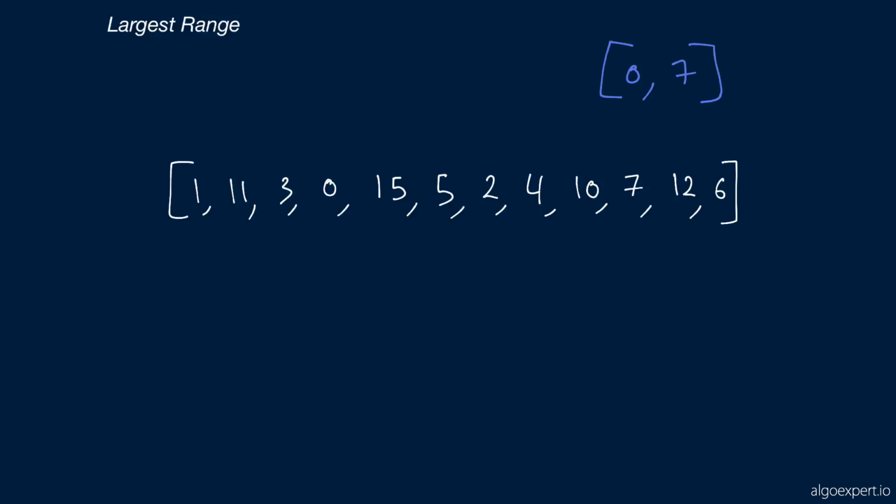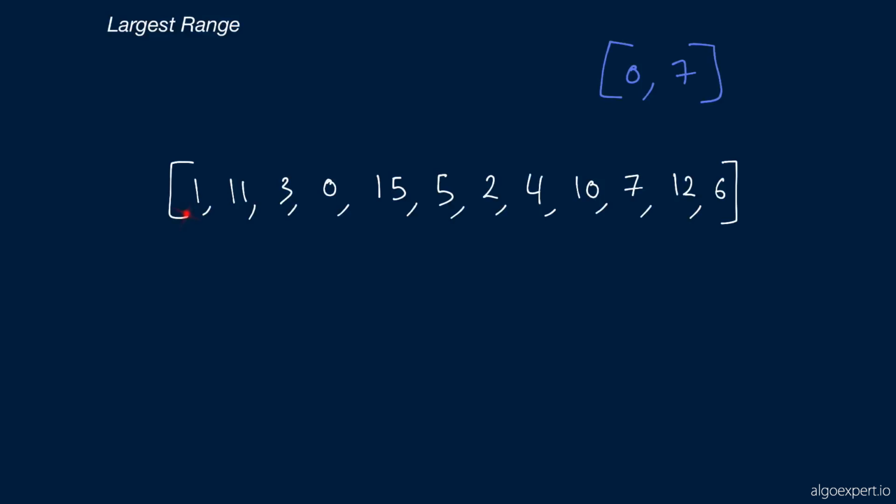So for instance, the range from 2 to 5 consists of the numbers 2, 3, 4, 5. And here in the array, if you look at the example array that we've got here, a range doesn't necessarily have to have all the numbers next to each other in the array. The numbers in that range simply need to be contained somewhere in the array.